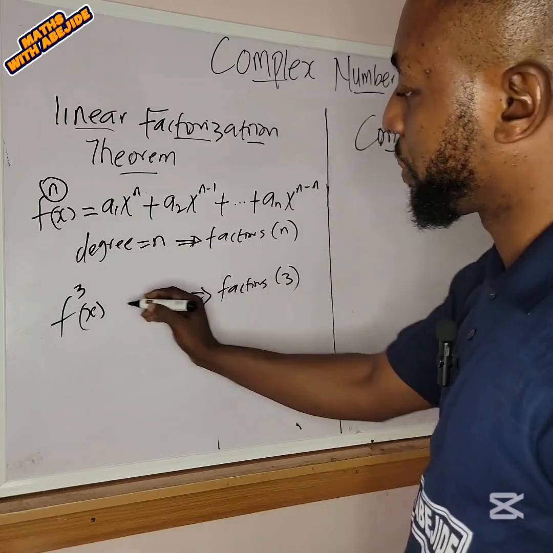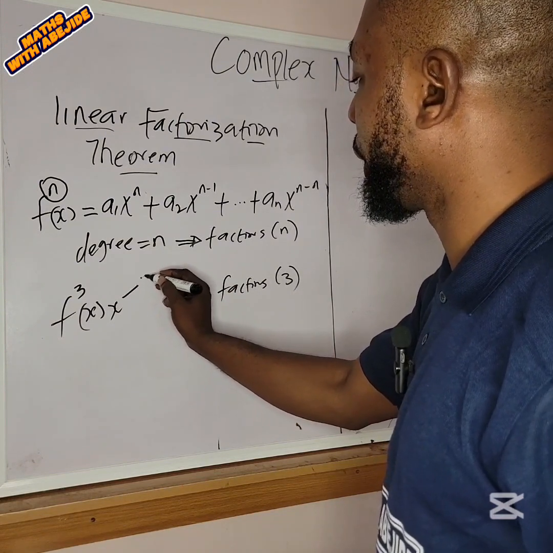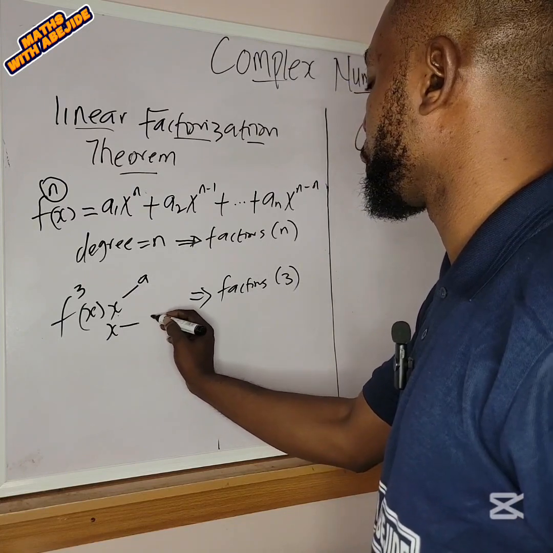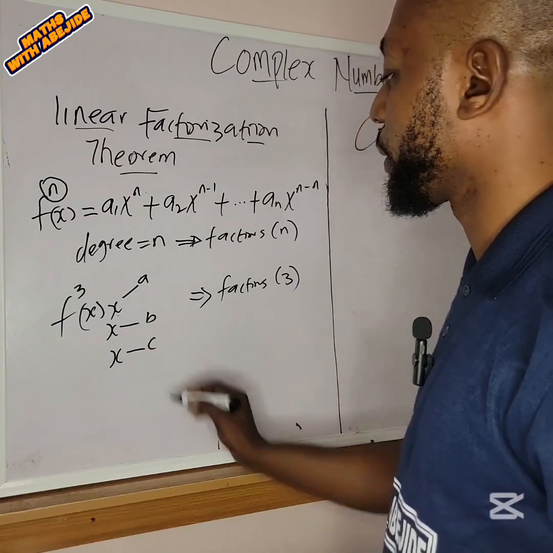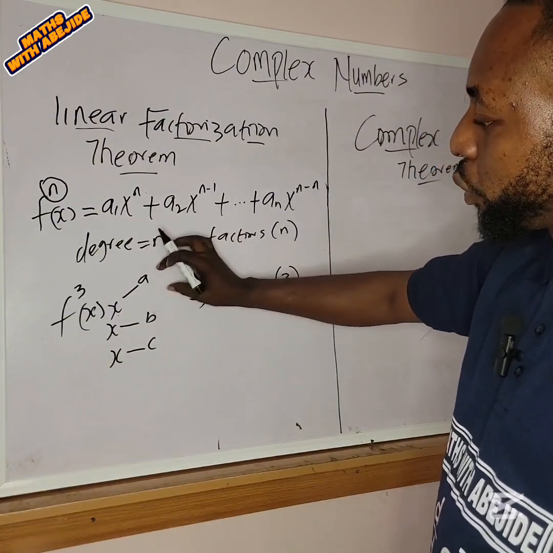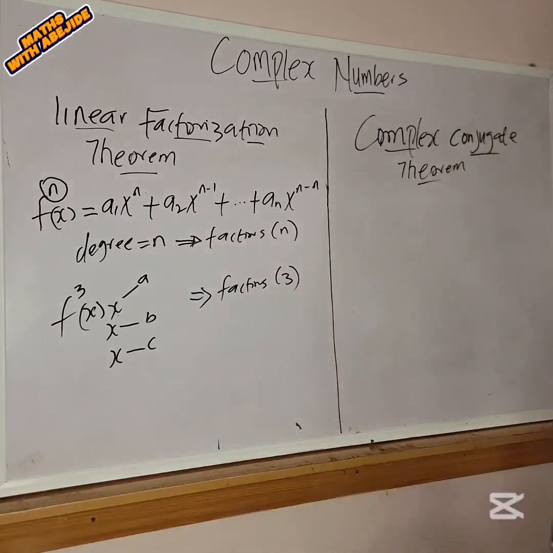3 factors. So we could have x equal to a, for example, then x could also be equal to b, x could also be equal to c. So this a, b, and c could be either real or complex numbers.